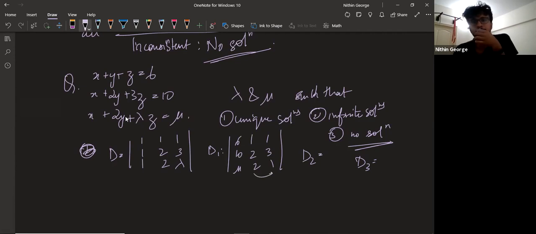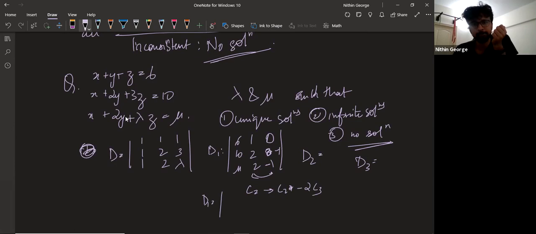I subtract 2 of these columns from each other. Basically, I get 0 here. I get -1 here. I get -1 here. Then I'll do C2 becoming C2 plus, sorry, minus 2 C3.